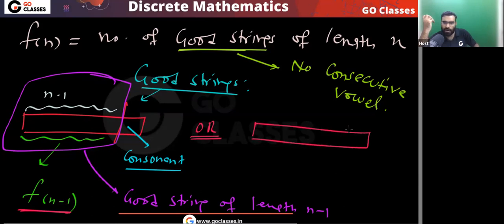Or you can end with vowel. One more thing. See, the last symbol is consonant. How many consonants are there? Total 21 consonants are there. So it will be like 21 multiplied by fn-1. Remember this point.